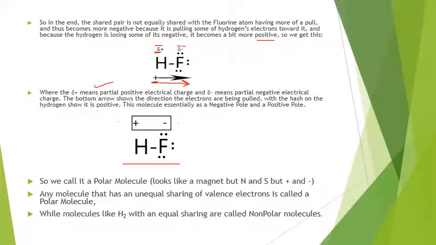Any molecule that has an unequal sharing of electrons is called a polar molecule, while molecules like H2 that have equal sharing are called nonpolar molecules. We'll get into this at some point, that there's a difference between polar molecules and polar bonds. This is a polar bond and also a polar molecule.